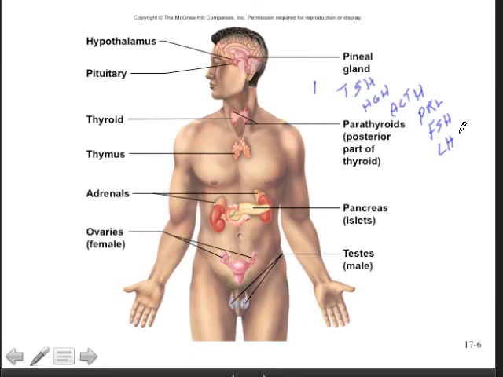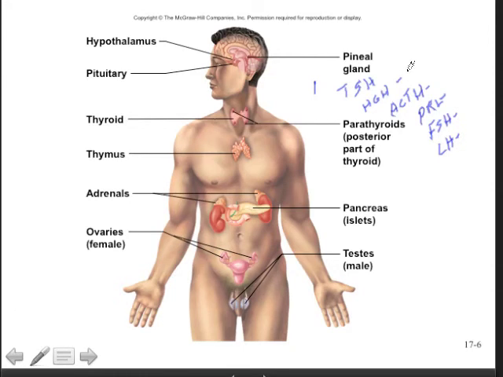Bottom line is that these hormones have wide-reaching effects. FSH and LH target the gonads. In males, those are the testes. In females, those are the ovaries, and they regulate the reproductive cycle. Prolactin promotes milk production. Adrenocorticotrophic hormone stimulates the adrenal cortex to produce its steroid hormones, among them aldosterone, cortisol, okay, and to some extent the androgens that they produce.